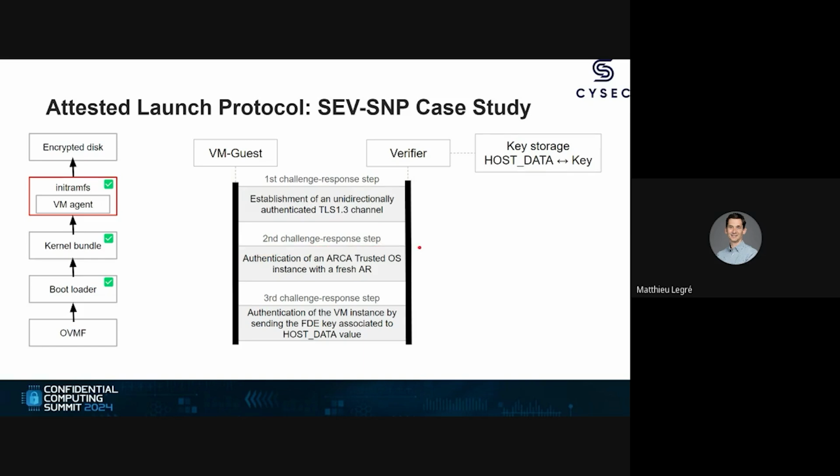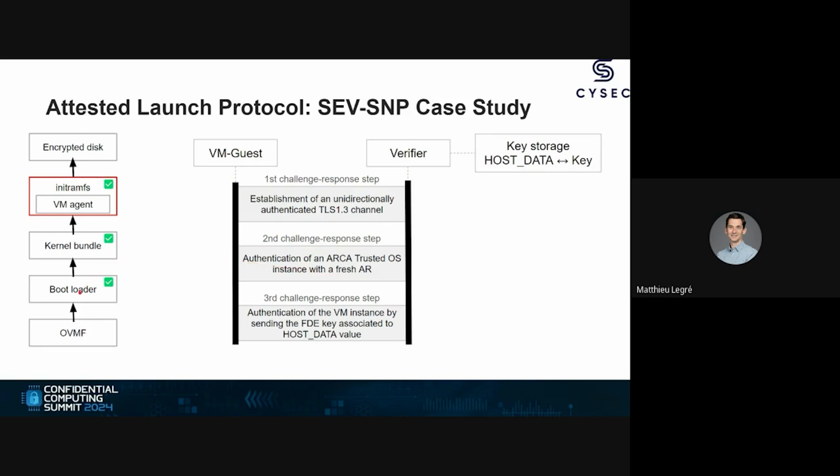The verifier will verify, okay, first the validity of the attestation report, and then the validity of the values. And then at the end of this process, the verifier knows that it is talking with an authentic Arca Trusted OS, based on a fresh attestation report.